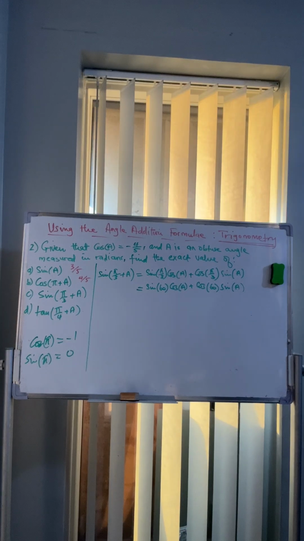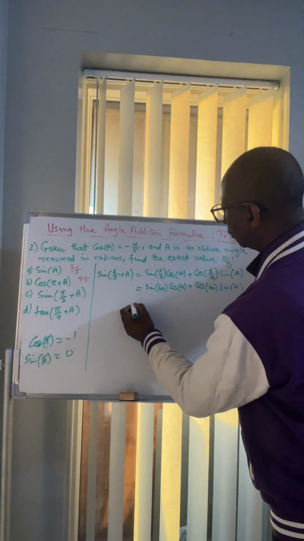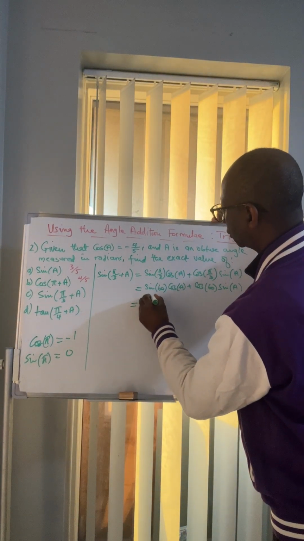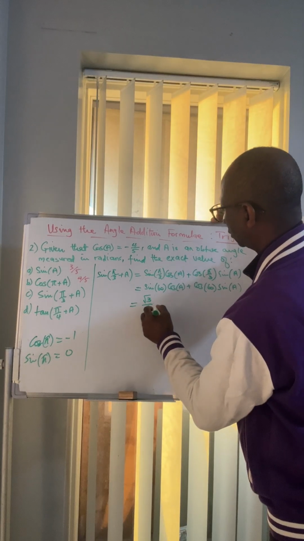So let's further simplify the problem by putting in the values of sine 60 and cos 60. We know sine 60 is root 3 all over 2.